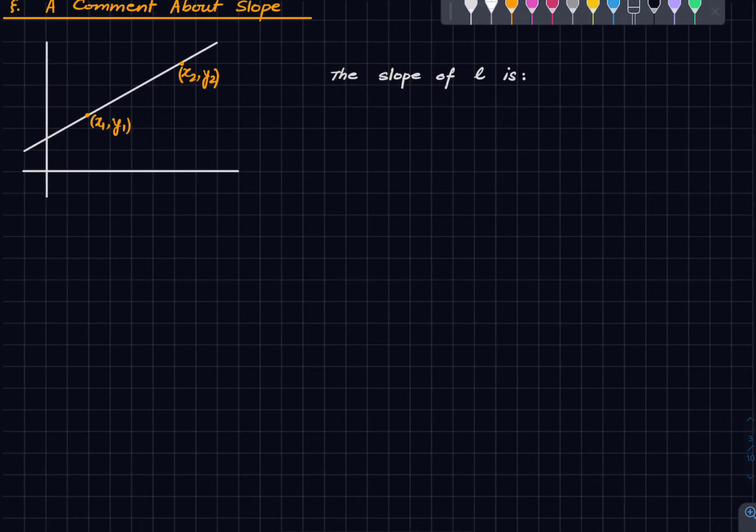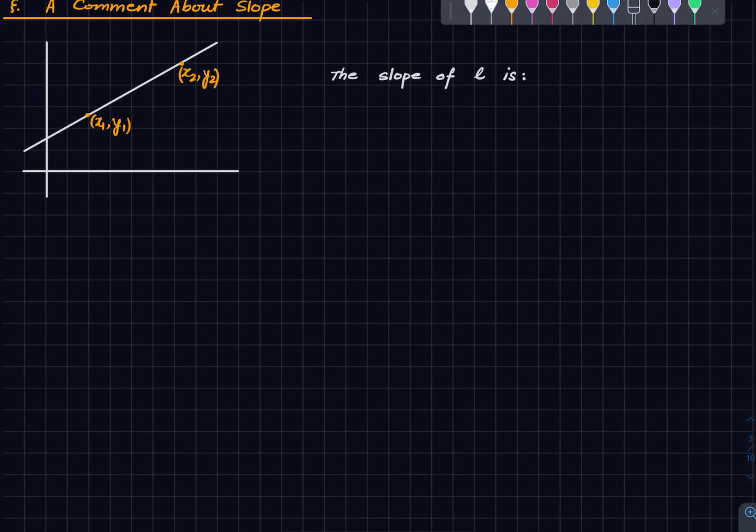So first, let us make a very small comment about slope quickly. Suppose we have a line and we are given 2 points on the line, 2 distinct points. Their coordinates are x1, y1 and x2, y2. So what is the slope of this line?